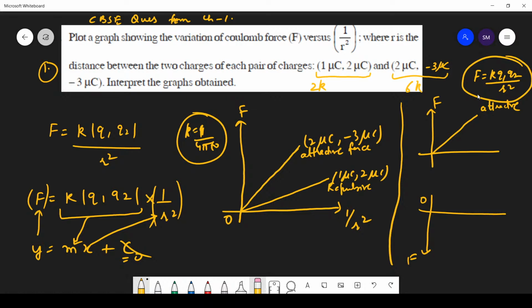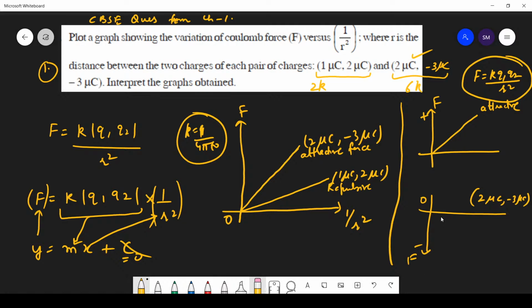Here the sign will be positive, and in this case, for 2 Coulomb and minus 3 Coulomb, the product will be negative, and negative means attractive force.